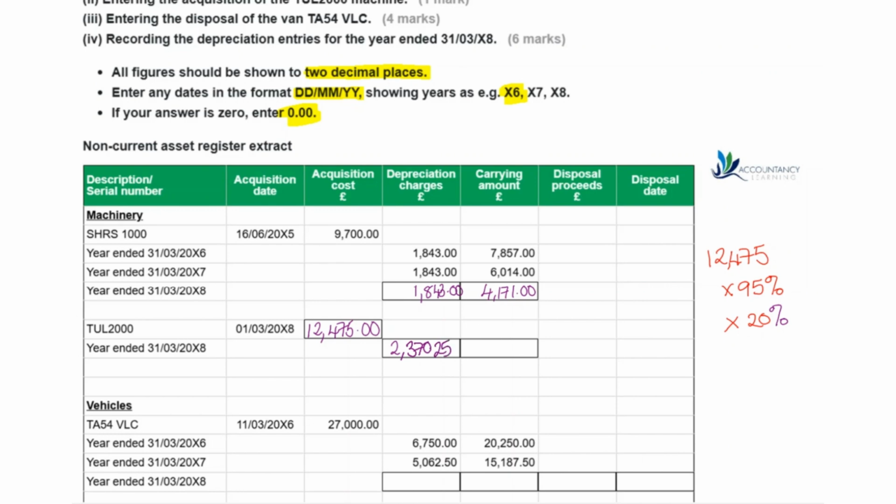And remember, we are applying the full year's depreciation because it is in the year of acquisition. Now let's work out our carrying amount. So what is the cost less the depreciation charge, which is £10,104.75p. So we've completed the machinery section of our non-current asset register.